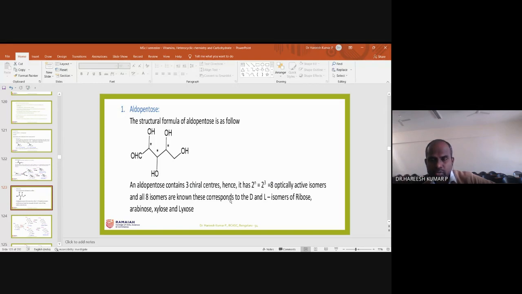In pentoses, four types of compounds are available: ribose, arabinose, xylose, and lyxose. So now let's take the tetrose and convert it into a pentose. Let's go to the next slide.